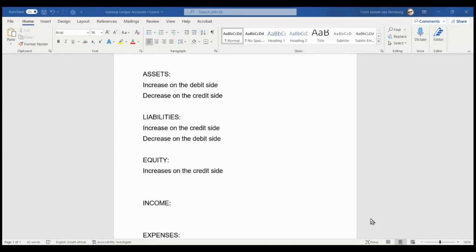If you've already got an amount that you've debited to your asset account, it now has to be a credit. Thank you, Daniel. Okay, it has to be a credit. So that is why equity also increases on the credit side.